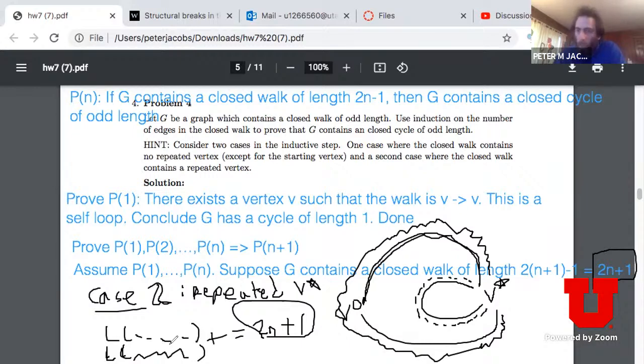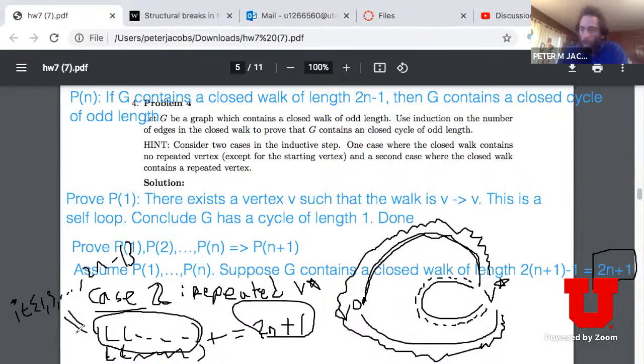And the inductive hypothesis, okay, so just to summarize, what we have is that one of these two closed walks has a length which is equal to an odd number i in 1, 3, all the way up through 2n minus 1. So now we use the inductive hypothesis.